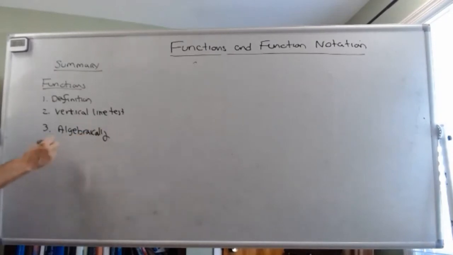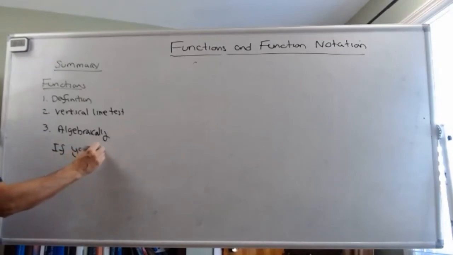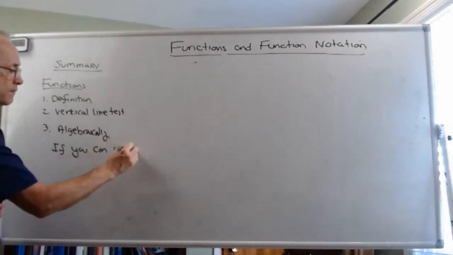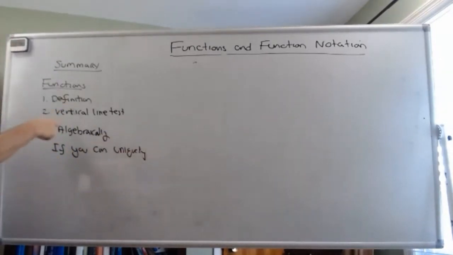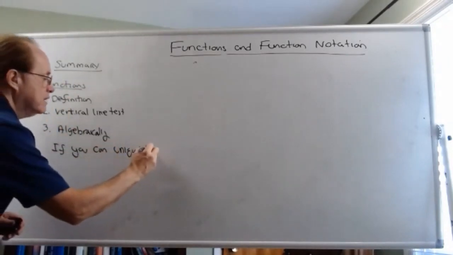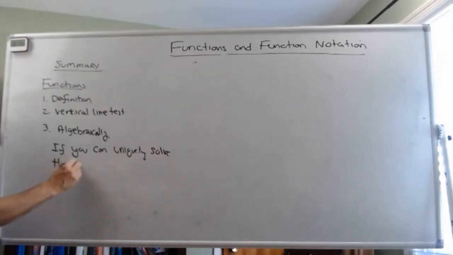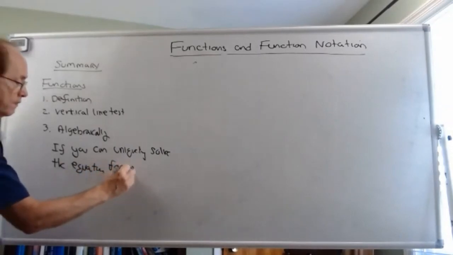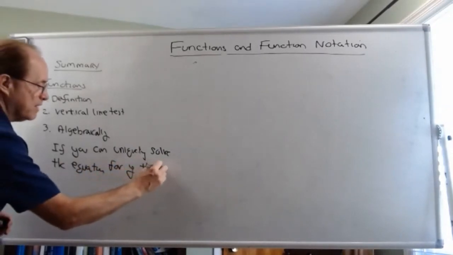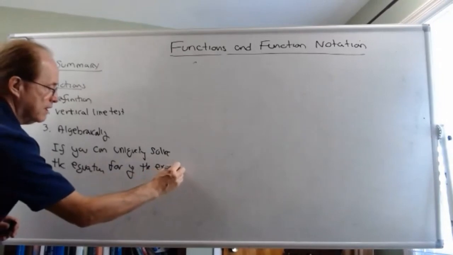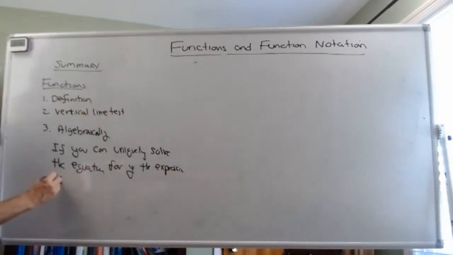If you can uniquely solve the equation for y, the expression that you solve for y is a function. All these are equivalent: the vertical line test and the definition we gave.